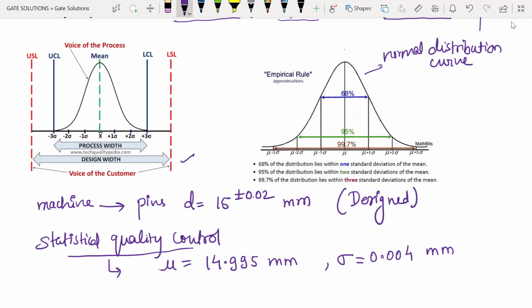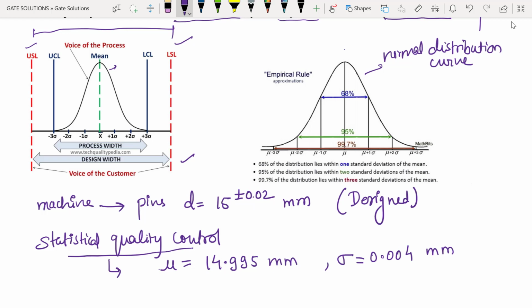Now if we see this graph, our design width is between the upper specification limit and the lower specification limit. That means the diameters between these regions are acceptable. Also, the statistical quality control test shows this distribution, where this is called the process width.